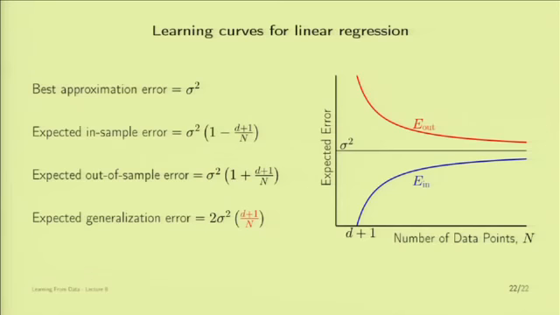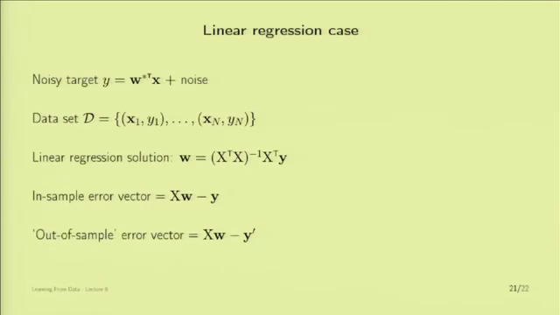If you go back to the previous slide, it was very critical to make the assumption that the out of sample is this way, and to make the target very specifically linear plus noise in order to be able to simplify it. The result, by the way, holds in general asymptotically. So if you take genuine out of sample, which means that you pick different points, you will get a different matrix X. You'll apply the W that you got from in sample to X dash in this case, and the Y dash.